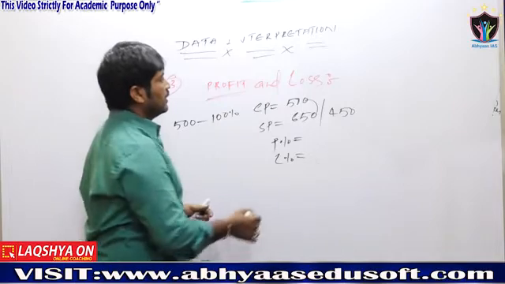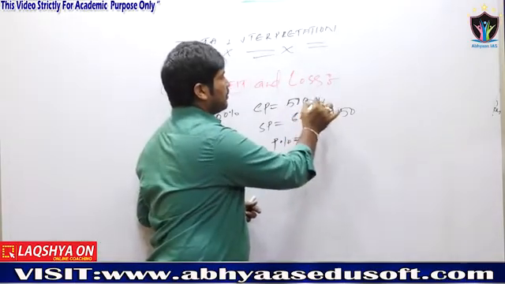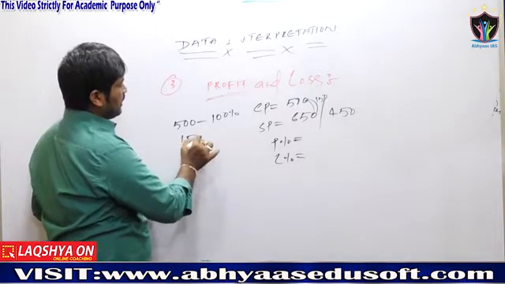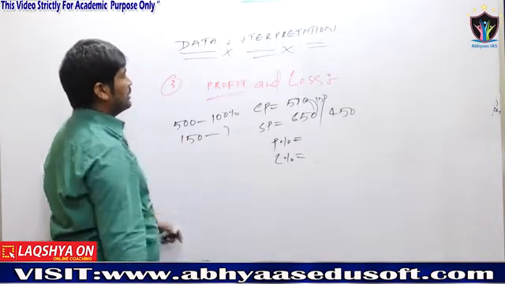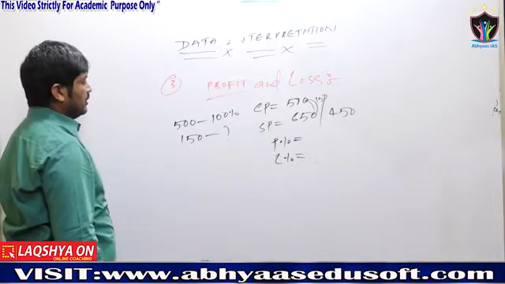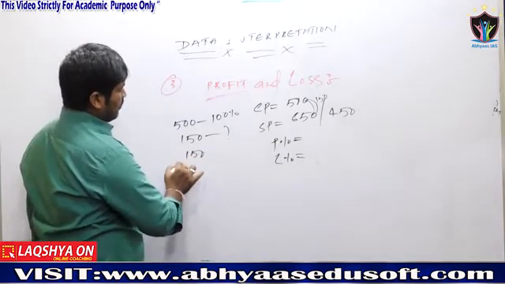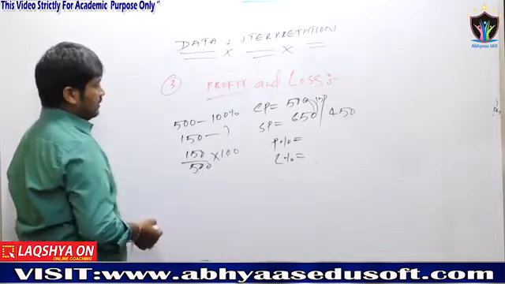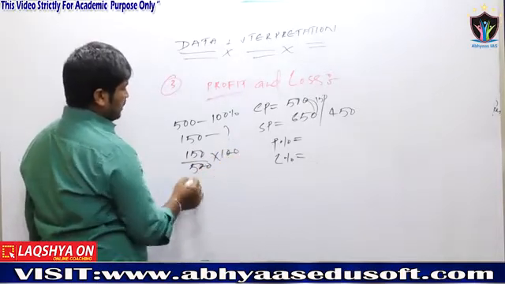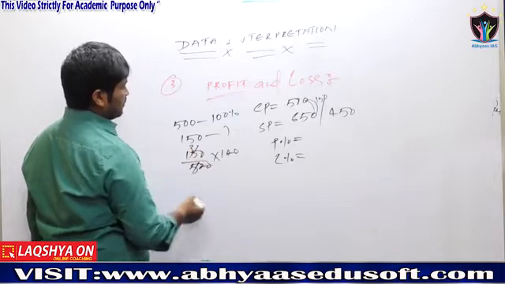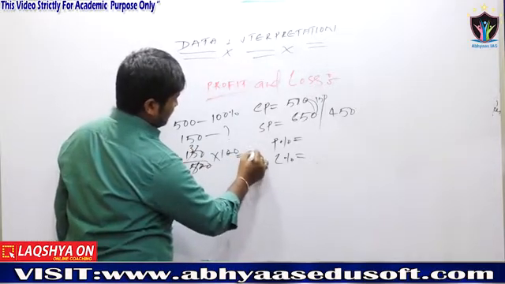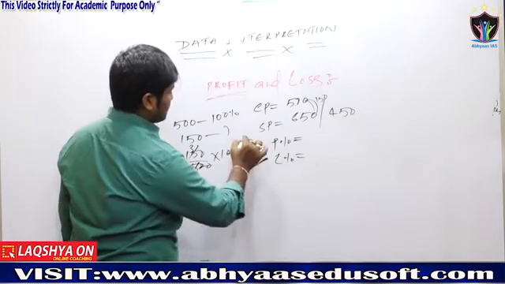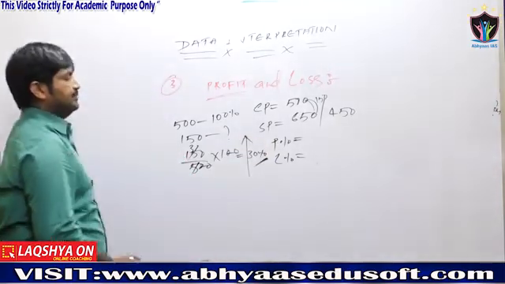Here we are getting a profit of 150. Then easily we can calculate the percentage: 150 by 500 into 100. Two zeros will be cancelled and 5 3s are 15. Finally we get 30%. So 30% is called profit.